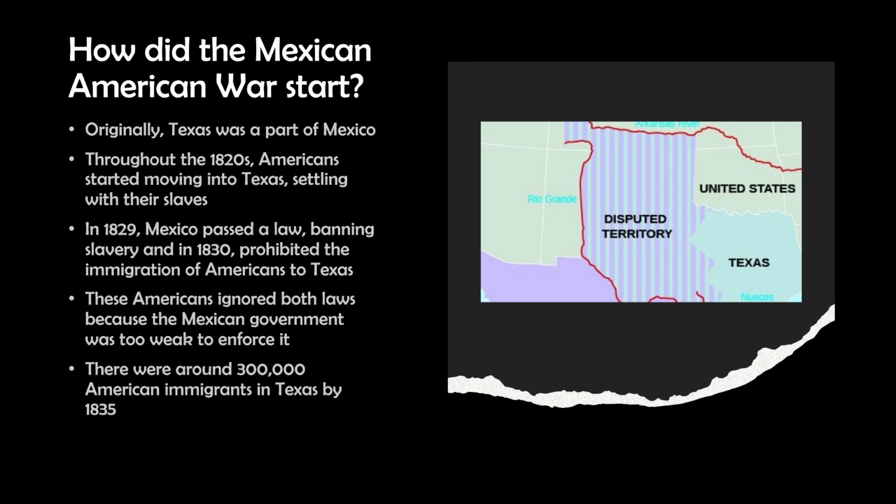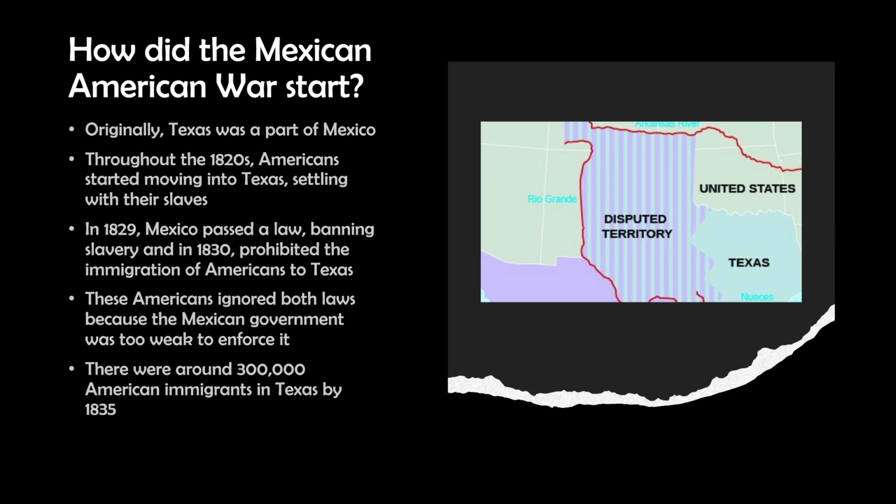In 1829, Mexico passed a law banning slavery, and in 1830, they prohibited the immigration of Americans to Texas. The Americans, however, ignored both laws because the Mexican government was too weak to enforce them. Their population wasn't very big, so they didn't have a very strong government compared to the United States.